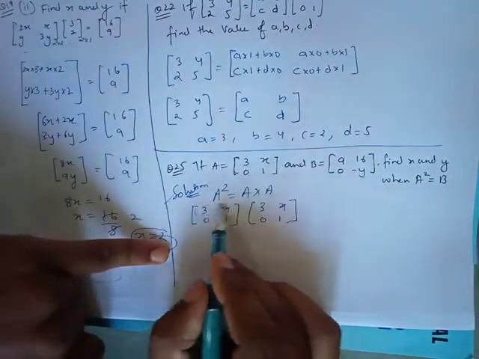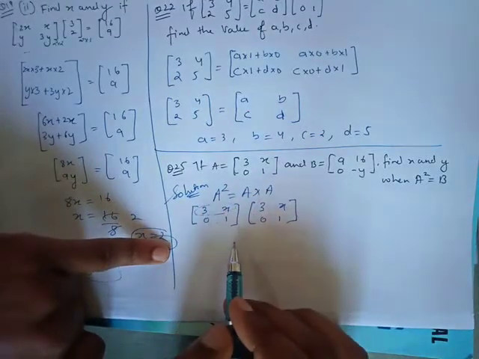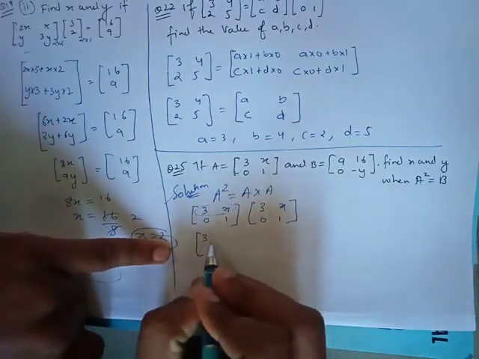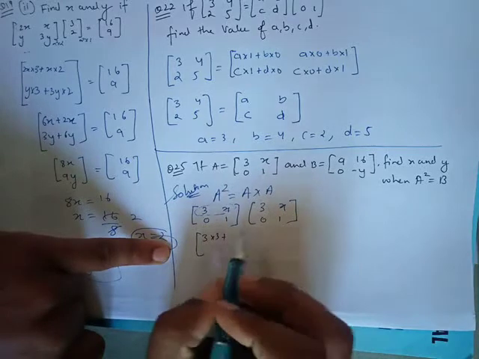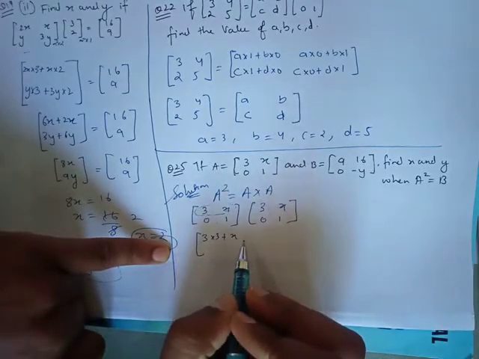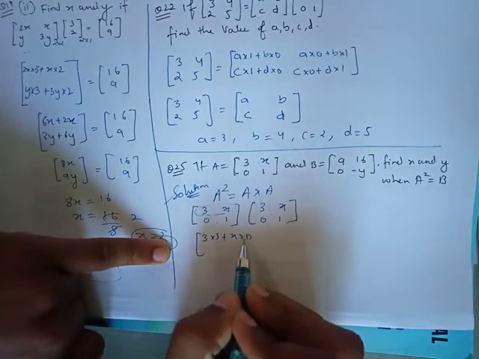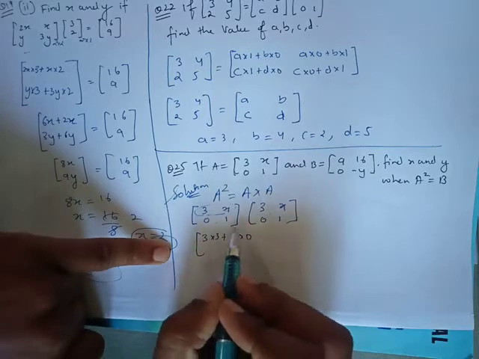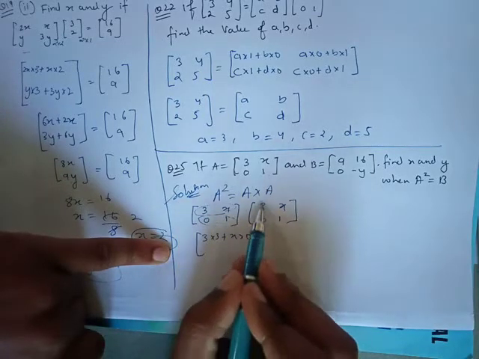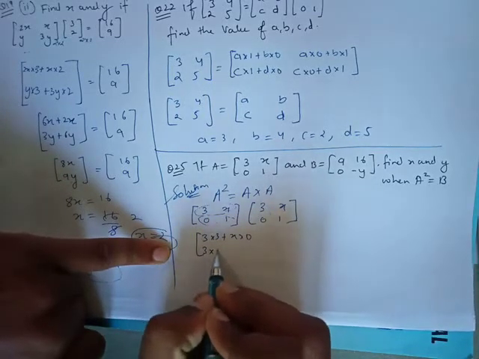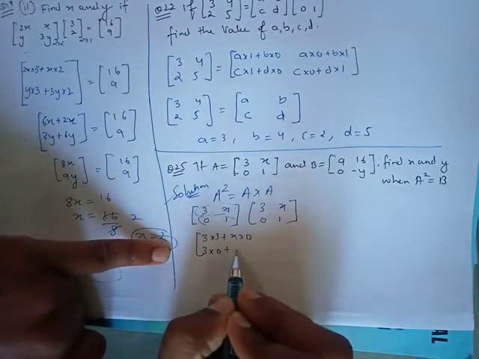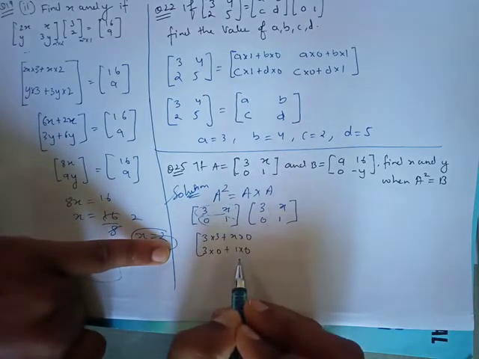I'll take the first row and the first column. So what I'll be getting, 3 into 3 plus x into 0, isn't it? And then I'll take the second row and the first column, 3 into 0 plus 1 into 0.